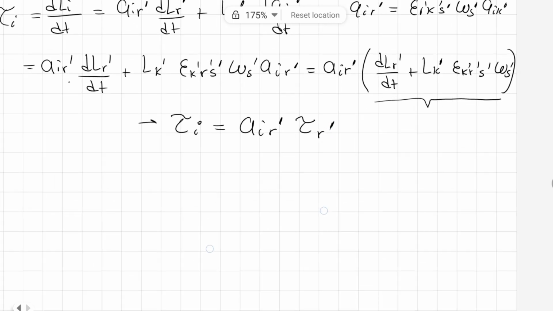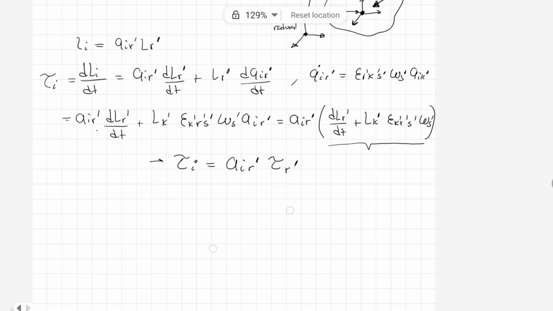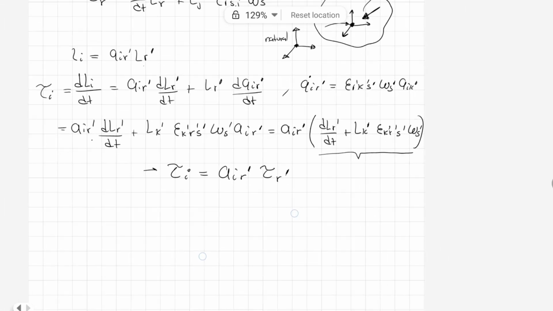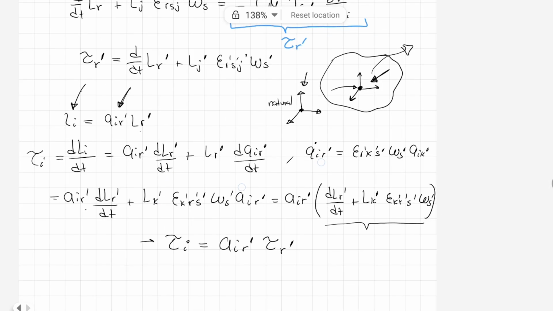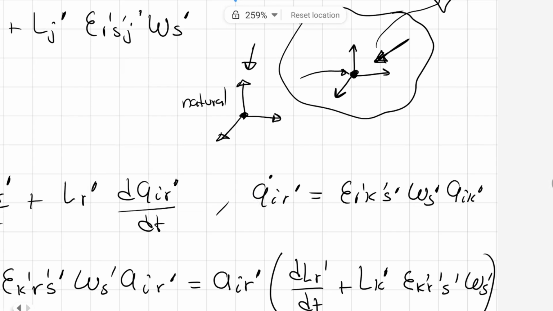So this is telling us that the torque is transformed the same way the angular momentum is transformed, using these a's that correspond to the transformation matrix A, which takes you from this coordinate system to this coordinate system, and the inverse matrix takes you from this coordinate system to this coordinate system.